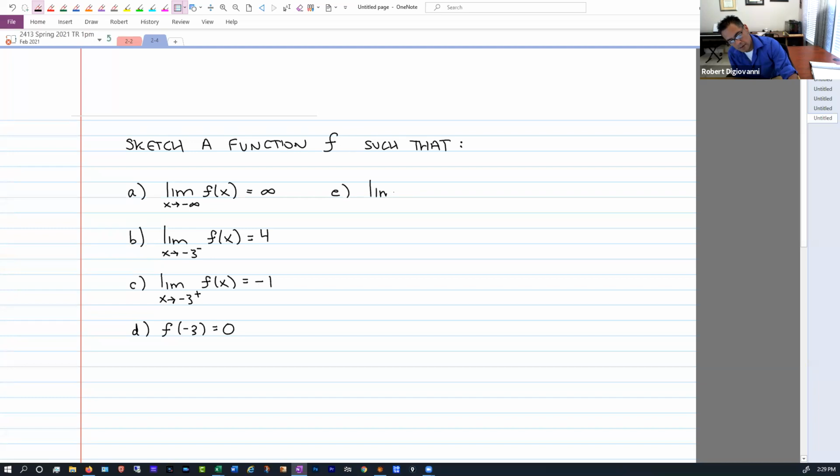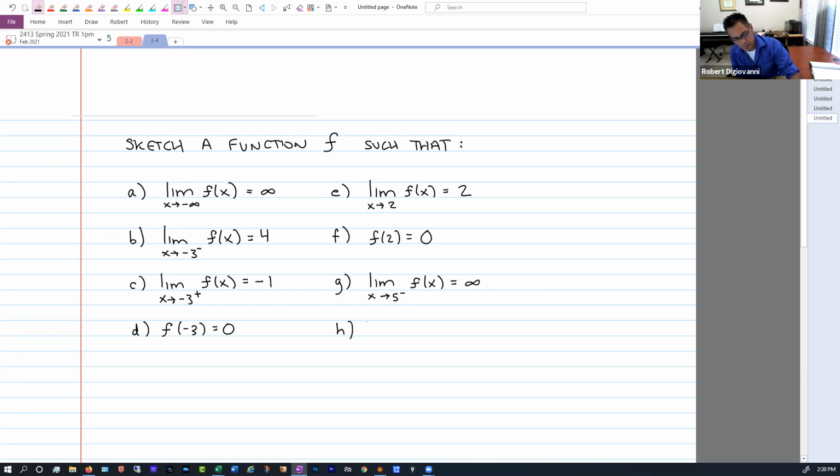I want the limit as x approaches 2 of the function to be 2. I want f of 2 to be 0. I want the limit as x approaches 5 from the left of the function to be infinity.